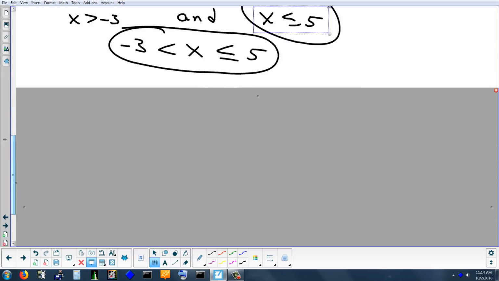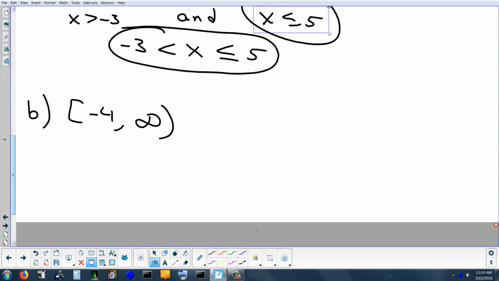Let's try this one. So Rebecca, what kind of interval is this one? Unbounded. Yep, it's unbounded. Now, if you tell me it's unbounded, it automatically can't be closed, because if it's unbounded, that means you have infinity somewhere.